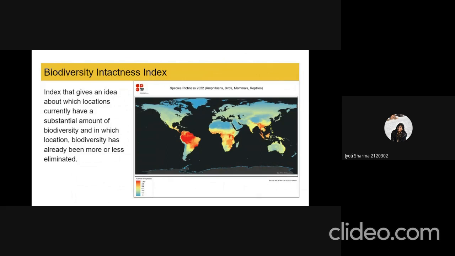Okay, so this intactness index tells us which area has a high intactness index, meaning high biodiversity, and based on that we can plan the creation of the national parks or the sanctuaries.